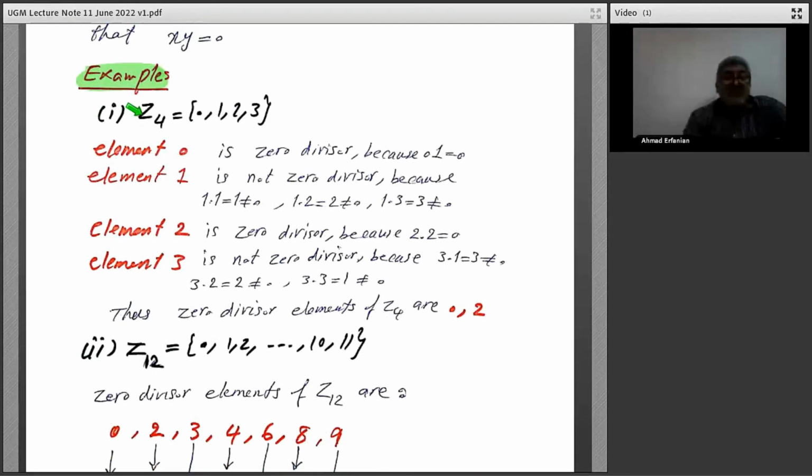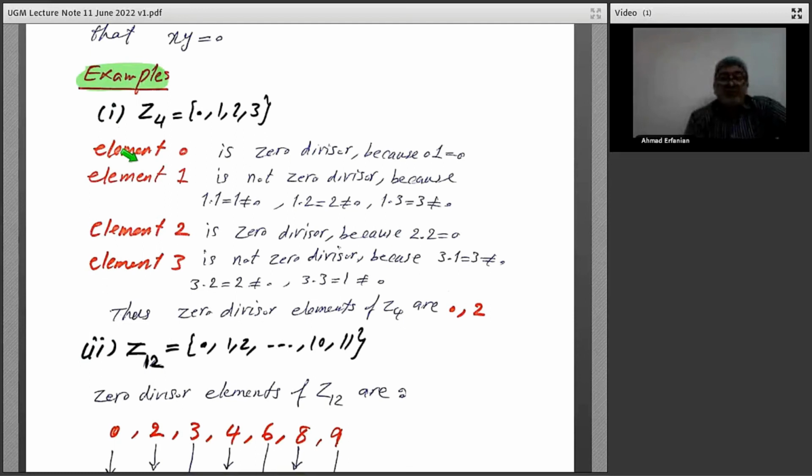For example, if you look at Z4, the element 0 is always a zero divisor, because for 0 we can find 1, 0 times 1 equals 0. Now, number 1 is not a zero divisor, because if we multiply 1 by each of these elements, the result is not 0.